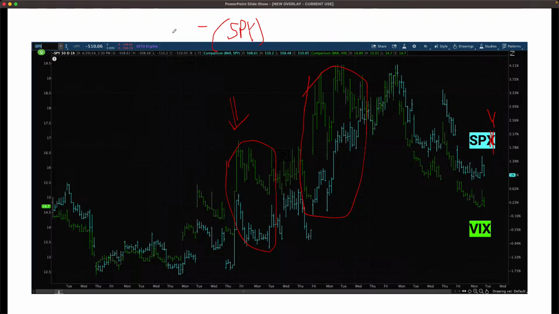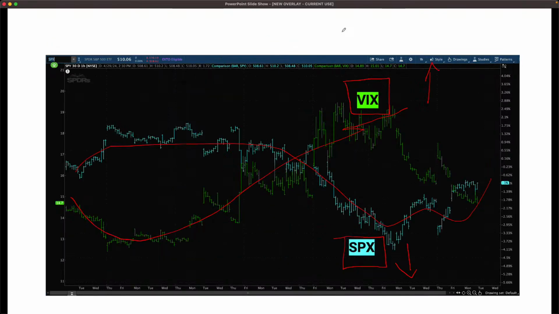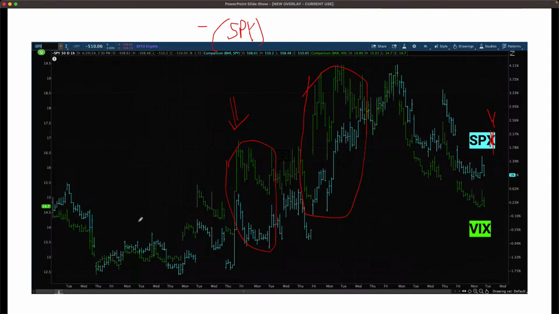So if you look at equities using the SPY inverted, and then you look at the VIX, that is where you're going to see that extremely tight correlation. So if I go back to the previous slide, here's the VIX against the SPY. The SPY is not inverted. Here, I inverted the SPY so you can see they are moving together.